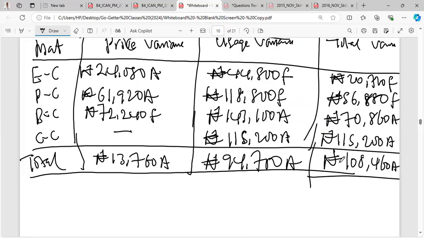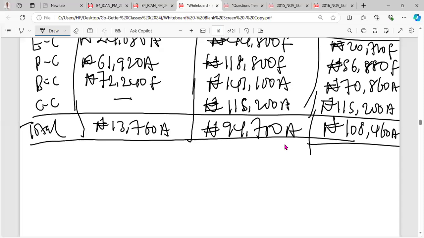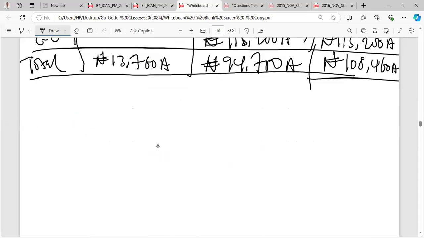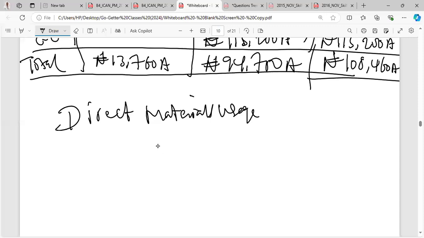Now the second part of the question says, calculate the individual and total direct material yield and mix variance. So we'll come here, direct material usage, mix, and yield variance.